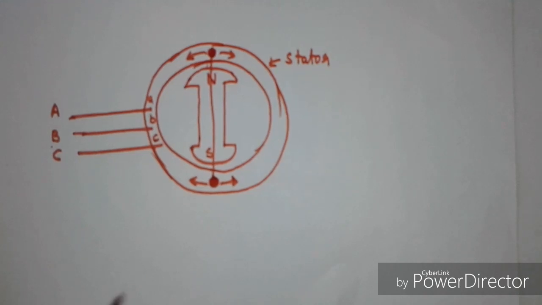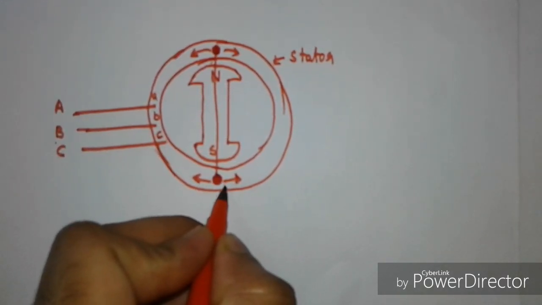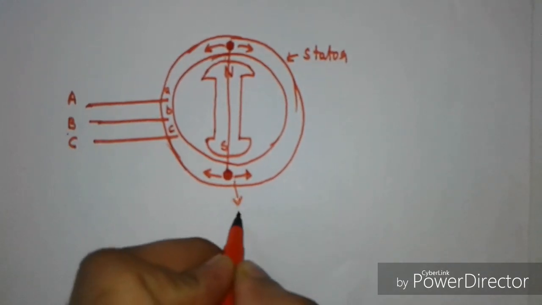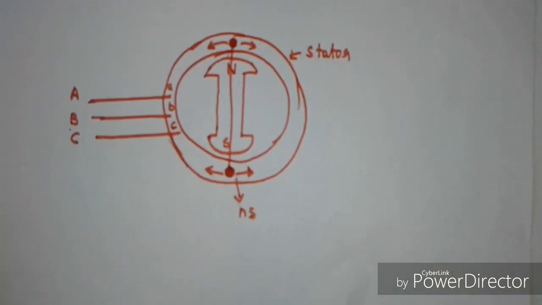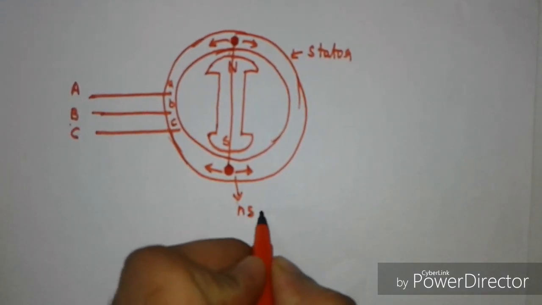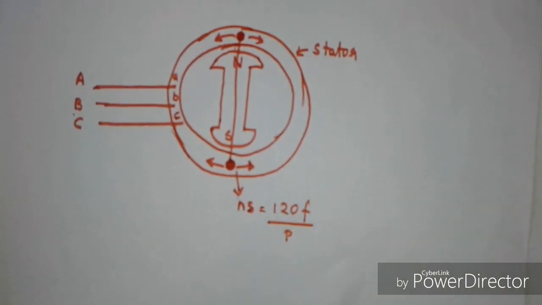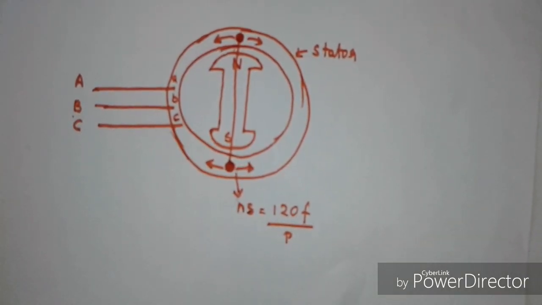It is rotating at the speed of Ns, which is given by 120 F upon P. The number of poles per phase is exactly the same as in the case of induction motor.